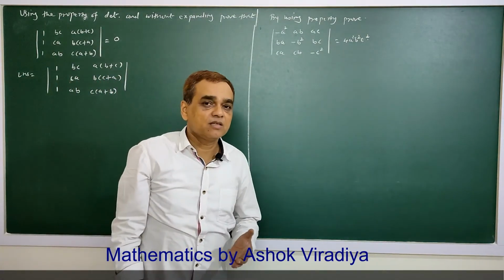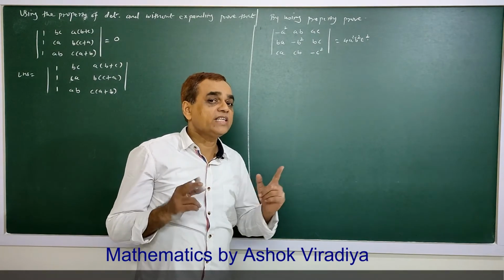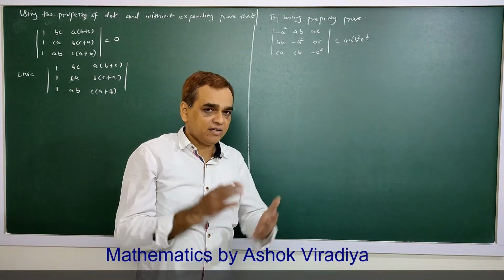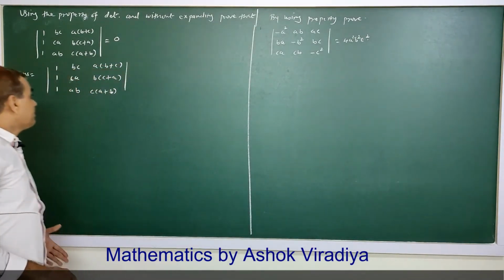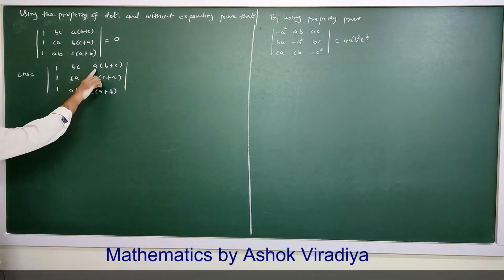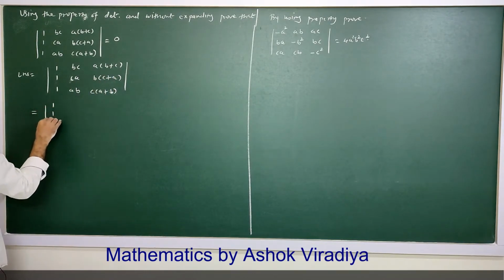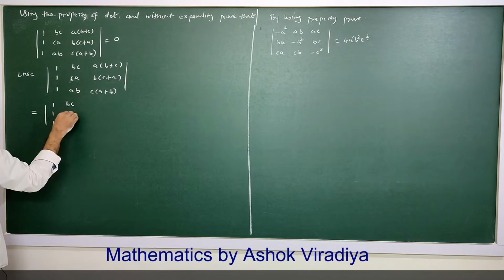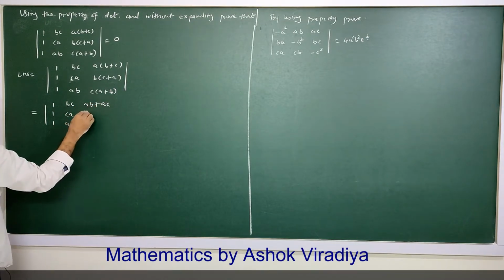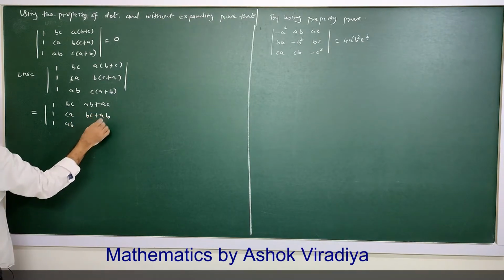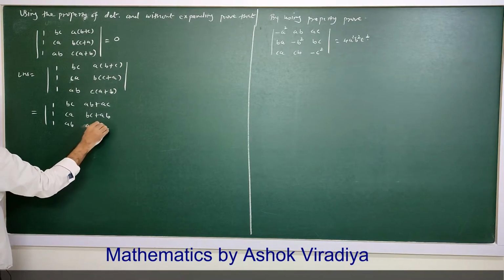That means we will try to get any two rows or any two columns identical using properties. So first of all we expand these brackets. So it is equal to 1, 1, 1, BC, CA, AB, AB plus AC, BC plus AB, AC plus BC.